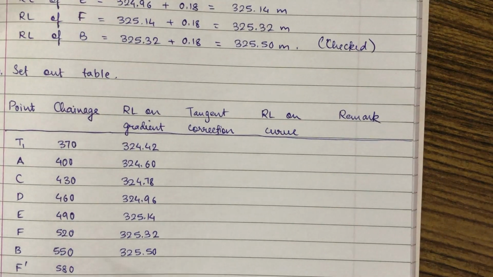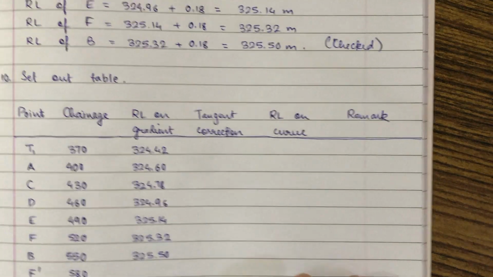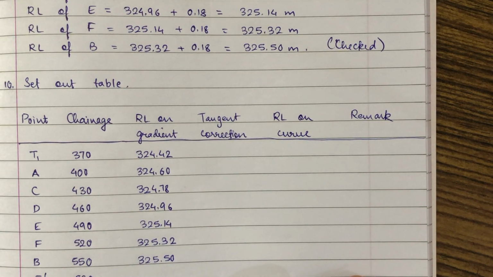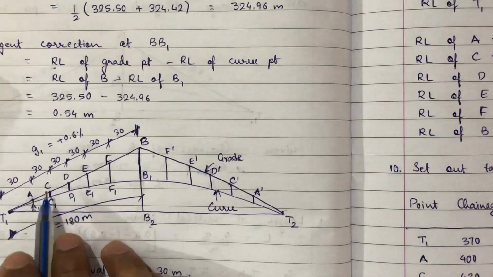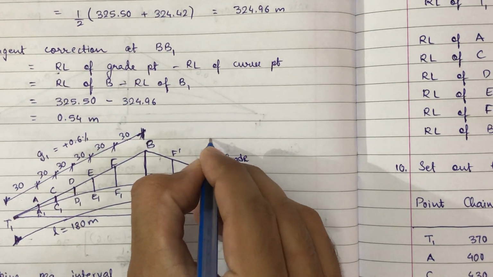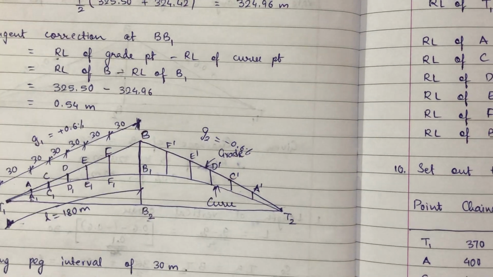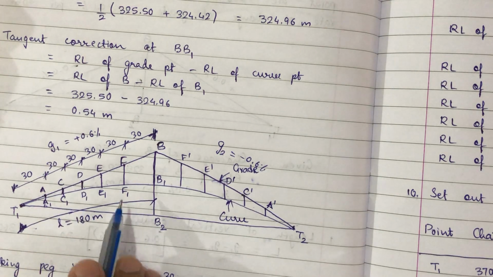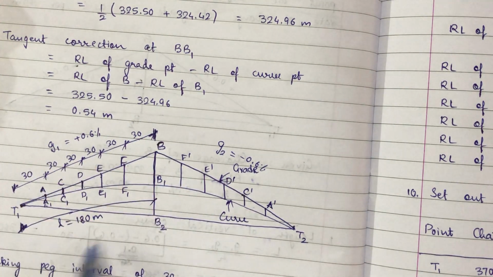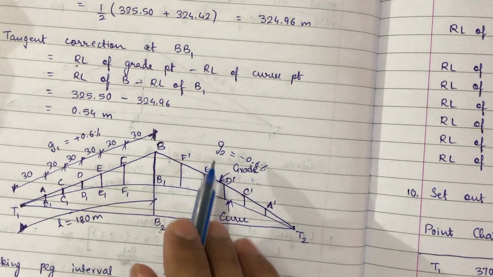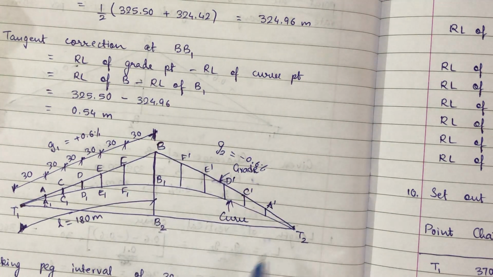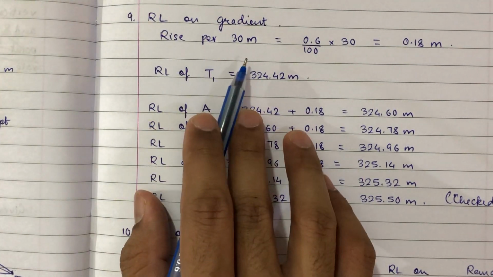Now RL at F dash, E dash, D dash, C dash, we did not calculate, but as here this G1 was plus 0.6%, and here this G2 was minus 0.6%, the rise, we considered only this portion. For this portion, we will have to calculate the fall per 30 meter, like how we calculated the rise per 30 meter.